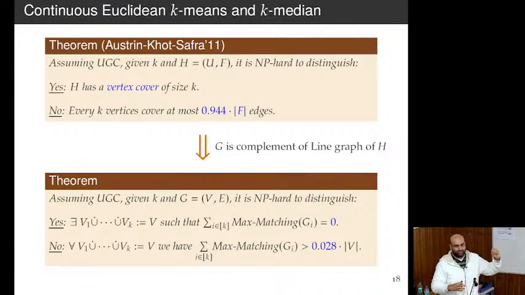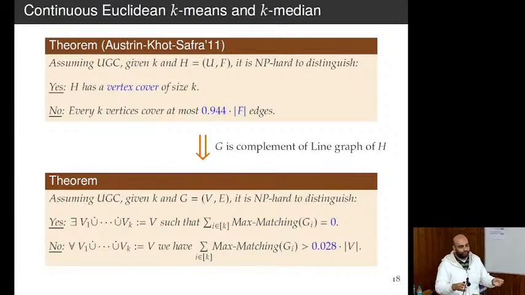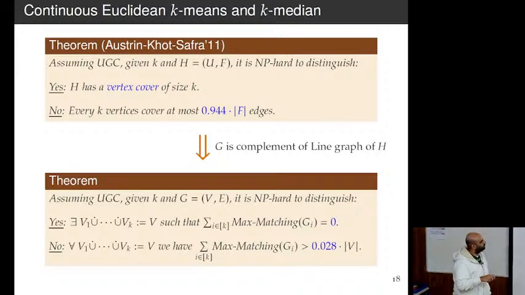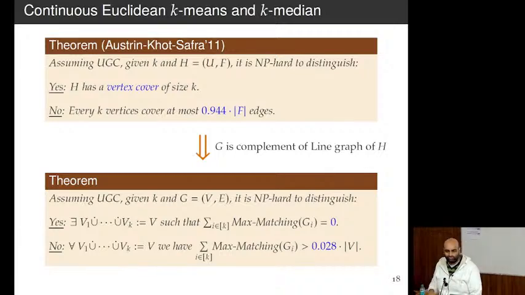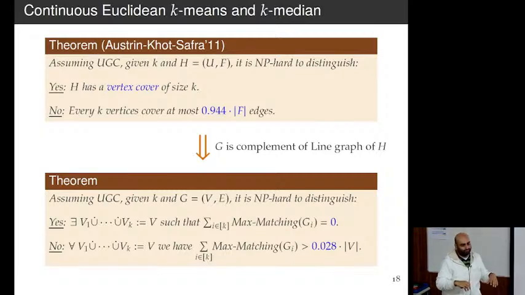If the edge set can be partitioned into k parts such that each part is a star, in the line graph, these parts correspond to cliques. So a star becomes a clique when you take the line graph. So in the line graph, you can partition the vertex set into k parts such that each part is a clique. And if you look at its complement, then you can partition the vertex set into k parts such that each part is an independent set. And in the no case, it's a bit trickier because suppose you can only cover some 0.95 fraction of edges, and you still look at the complement of the line graph.